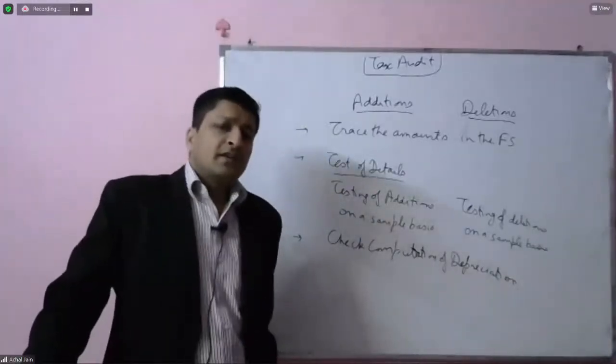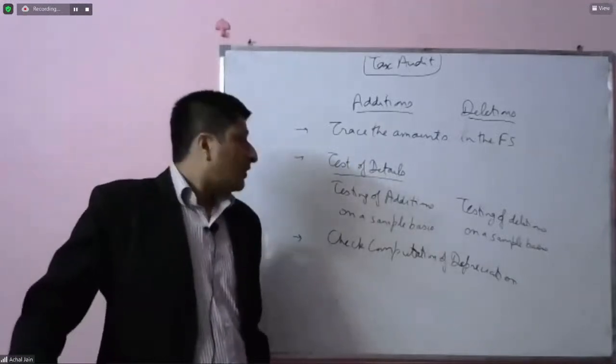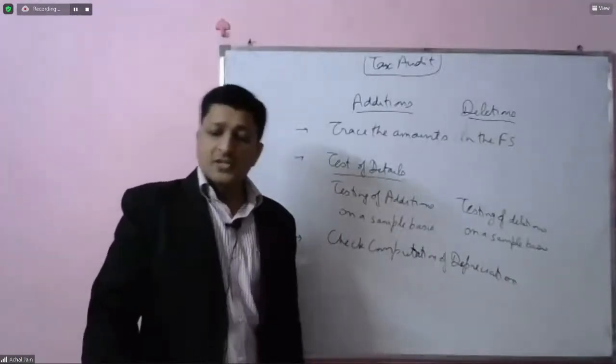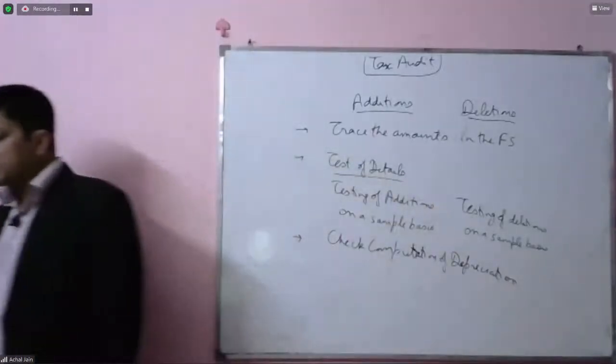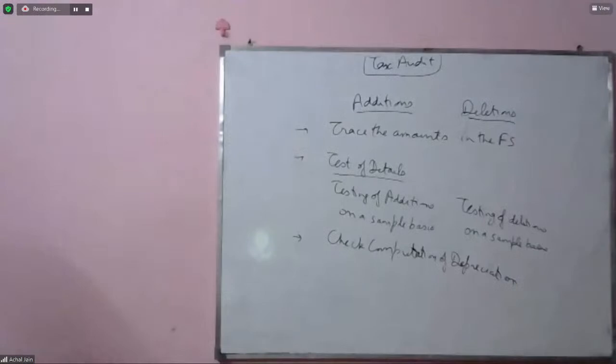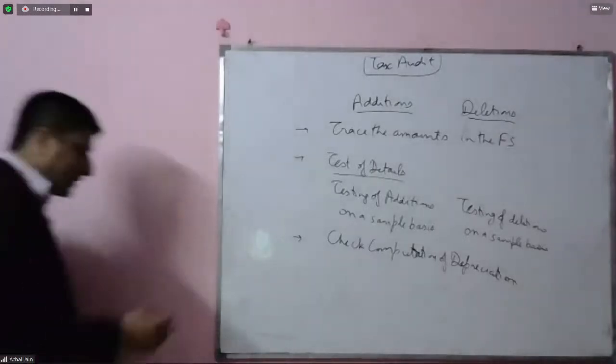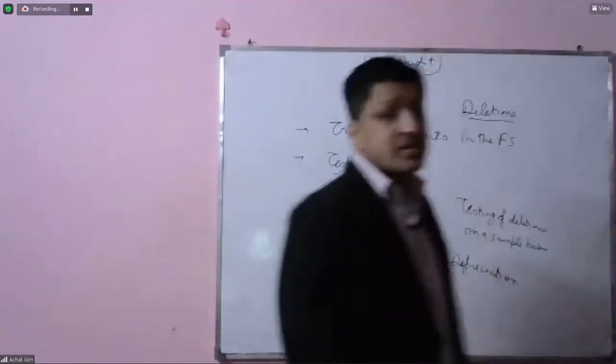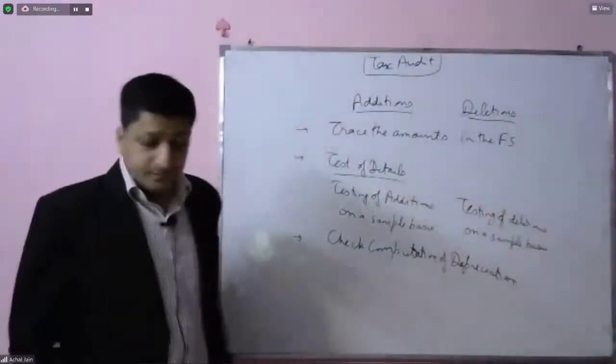The auditor will look at the ledger first of all to find out all of those additions. He will select the sample. Selection of sample will again be on the basis of materiality, because materiality will also be considered by the tax auditor. It's not that he will not be considering materiality over here, because some of the additions may be very small. You may not want to check them.